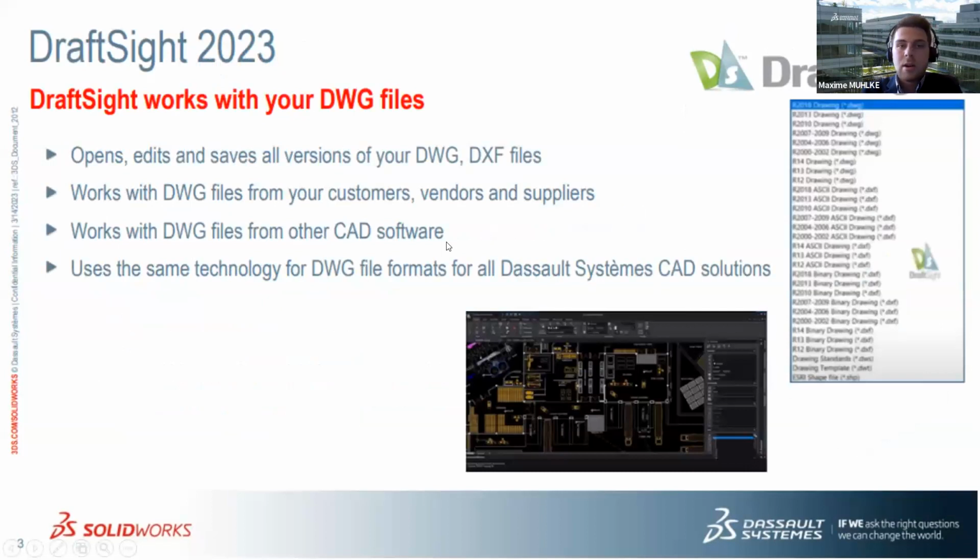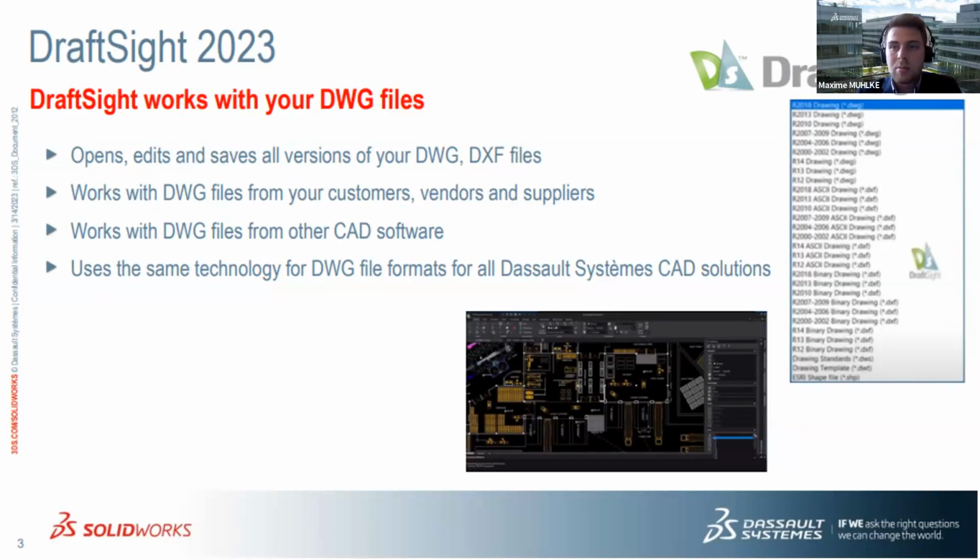DraftSight actually works with your DWG files. As I said, it is made on the same language as AutoCAD. So whether you have tons of DWG, DXF files that you worked with in AutoCAD for 30 years, you will be able to work exactly the same, opening and editing your DWGs just like you did with AutoCAD.